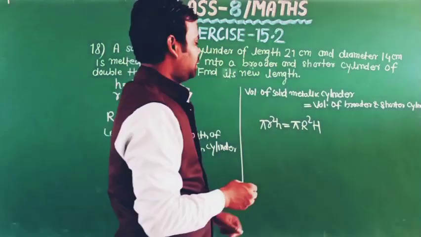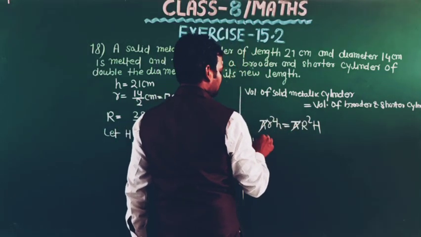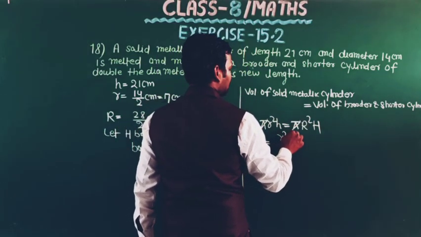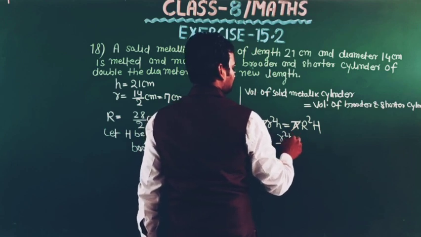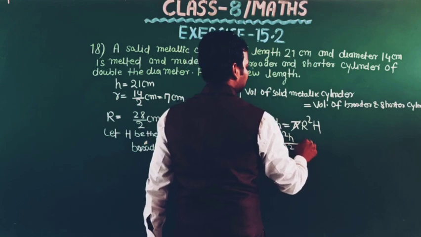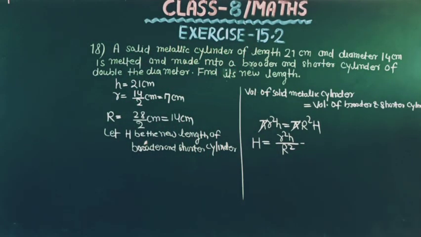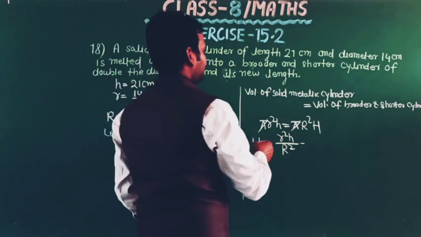So we can cancel pi from both the sides, and here capital H equals small r square into h divided by capital R square.